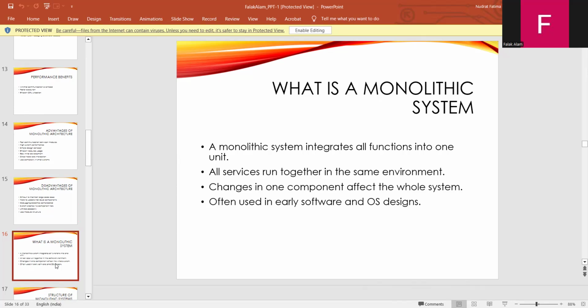Since the scalability of these systems is very low, as all the services run together in the same environment, a change in one component may affect the whole system.